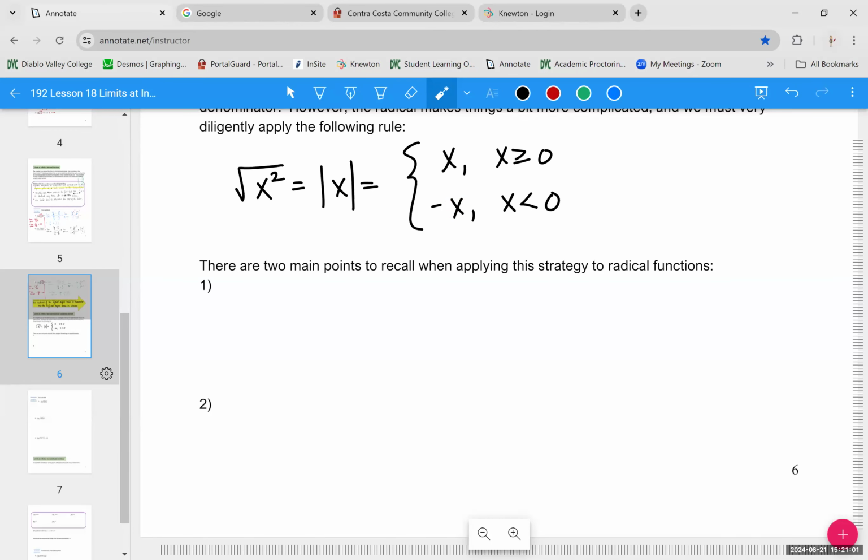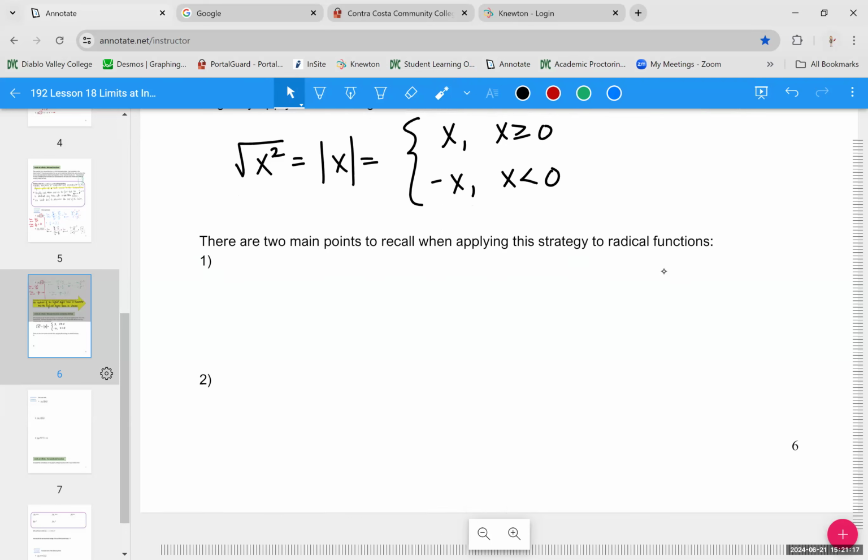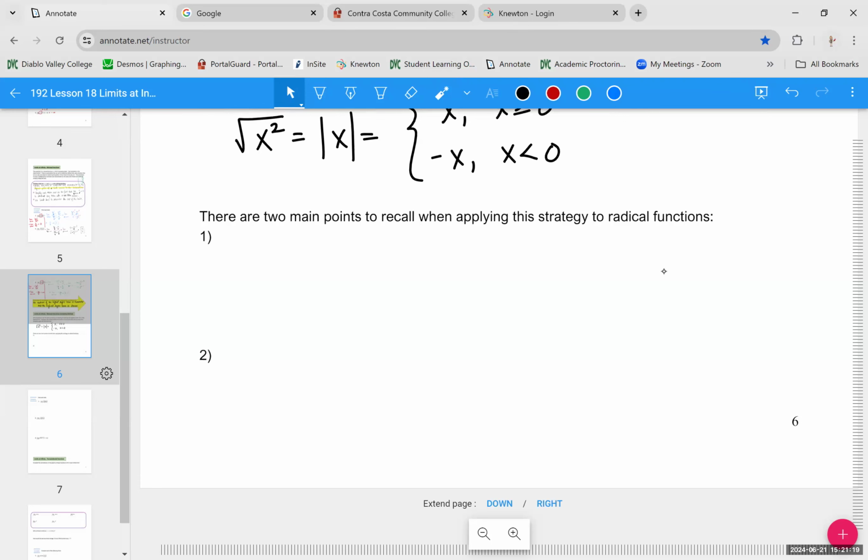And if I plugged in 3, I would just get itself, 3. So we have to keep in mind that when you square root something squared, if the thing you started with is negative, what you're really getting is its opposite. And then here's how we're going to apply that to finding limits at infinity of rational functions.